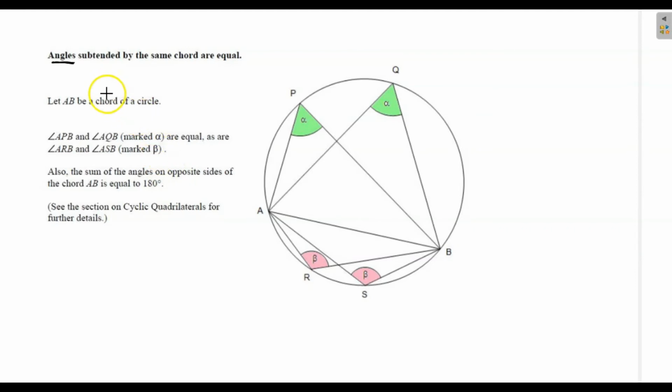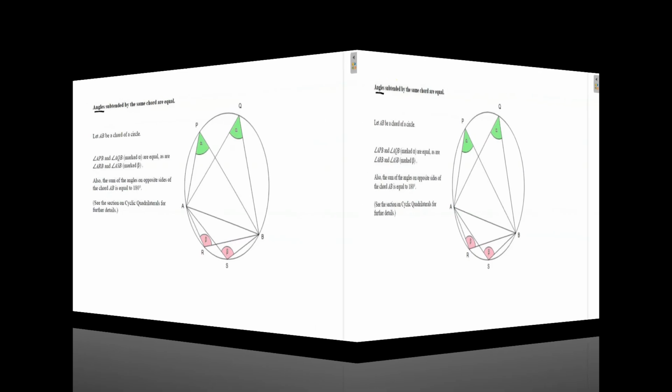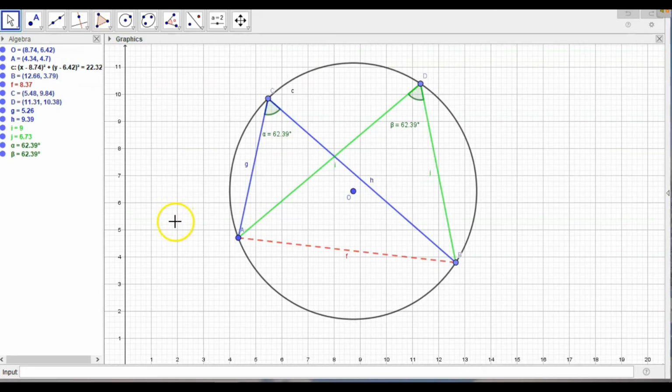Now let's use our Geogebra board to verify this angular property. Here we are on our Geogebra board. Now we have a given circle with center O, and it has a chord AB in short dashes. We also have the major segment, which we found up here, and then we have the minor segment.